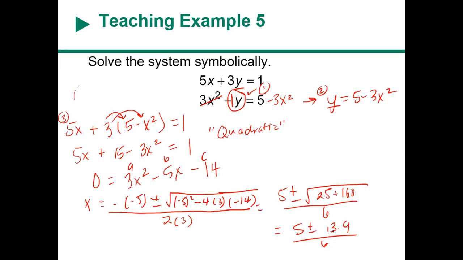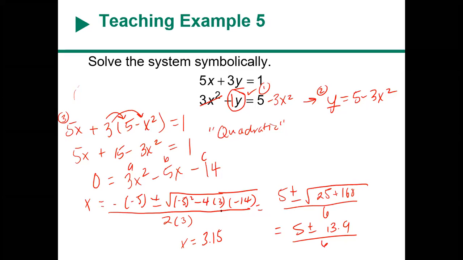And that gives us 5 plus 13.9 divided by 6. And so one of our x's is x equals about 3.15. And then we have 5 minus 13.9 divided by 6.